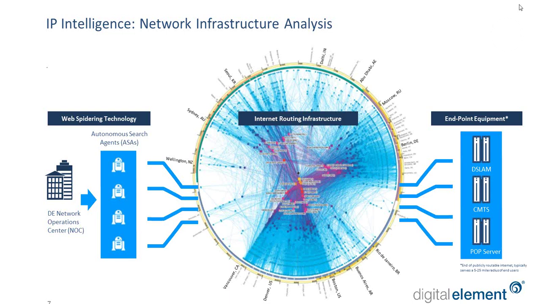The endpoint is the ISP endpoint. This can be a DSLAM, CMTS, or a POP server. Understanding where that last point the IP has touched, we can then derive where a user is coming from with 97% certainty globally at a city level.